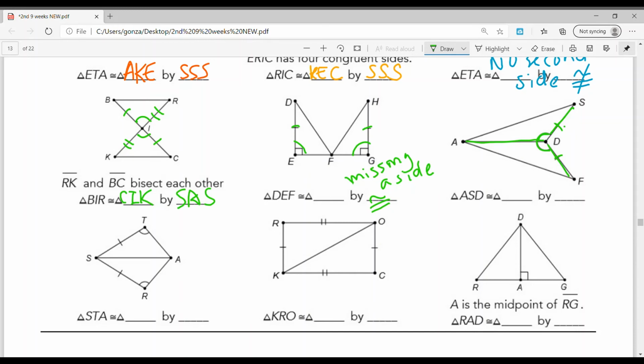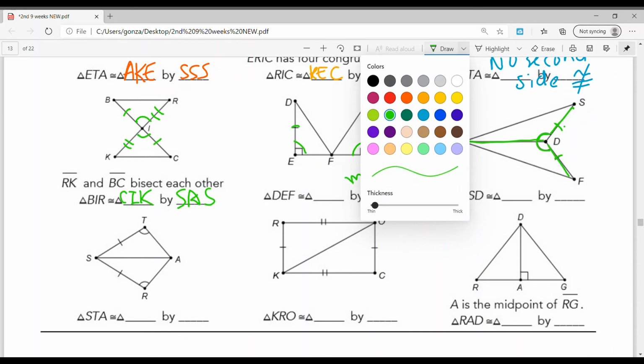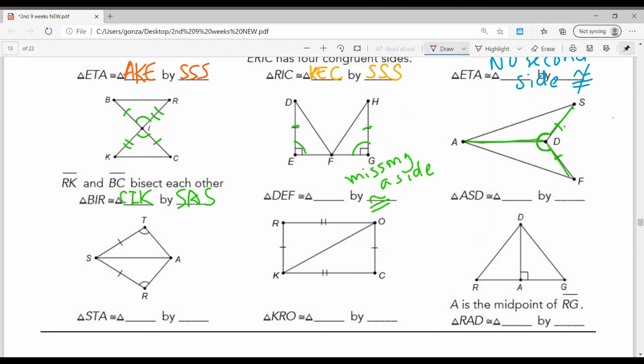Okay, so let's trace the triangle. If I trace a triangle, I'm going to get ASD. If I trace a second triangle, it's AFD. So triangle ASD is congruent to AFD by side, angle, side, because I had that shared angle.